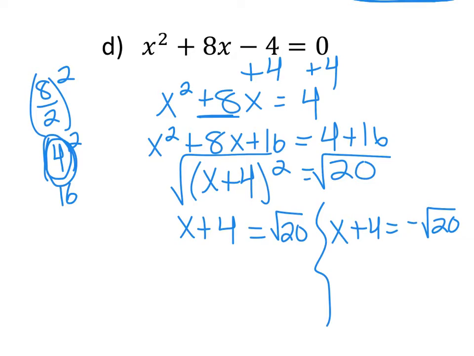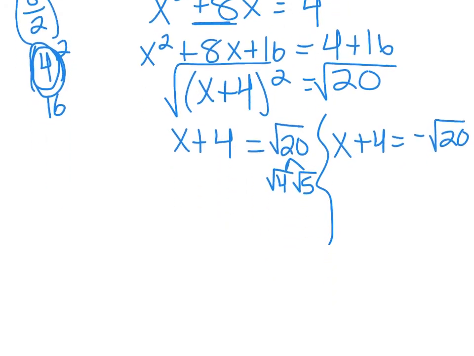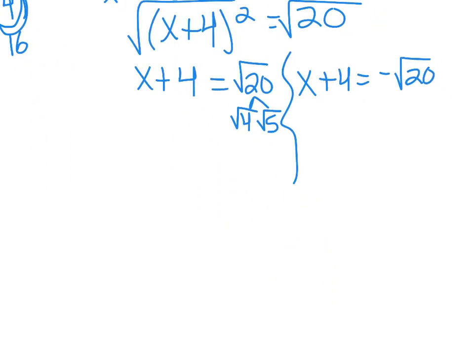The square root of 20 we have to try and break down. Is there a perfect square that goes into the square root of 20? And there is. 4 is the perfect square. So this can really be the square root of 4 times the square root of 5. And remember, the square root of 4 is 2. So we are left with x plus 4 equals 2 square root of 5.